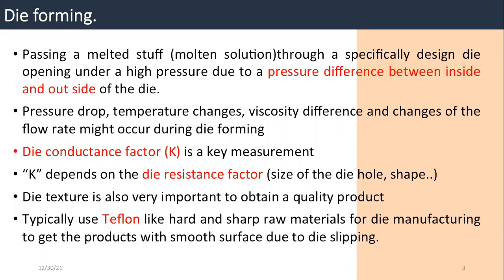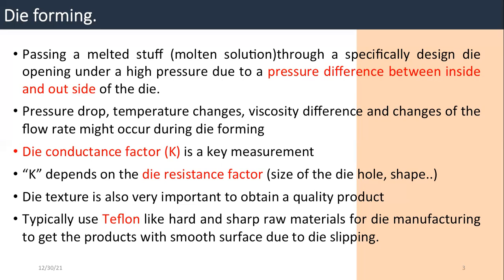Today I'm going to explain how the texture will change, and what happens to the texture while moving through the die. You know that we mix some ingredients together, feed them through the feeder and start the extruder.